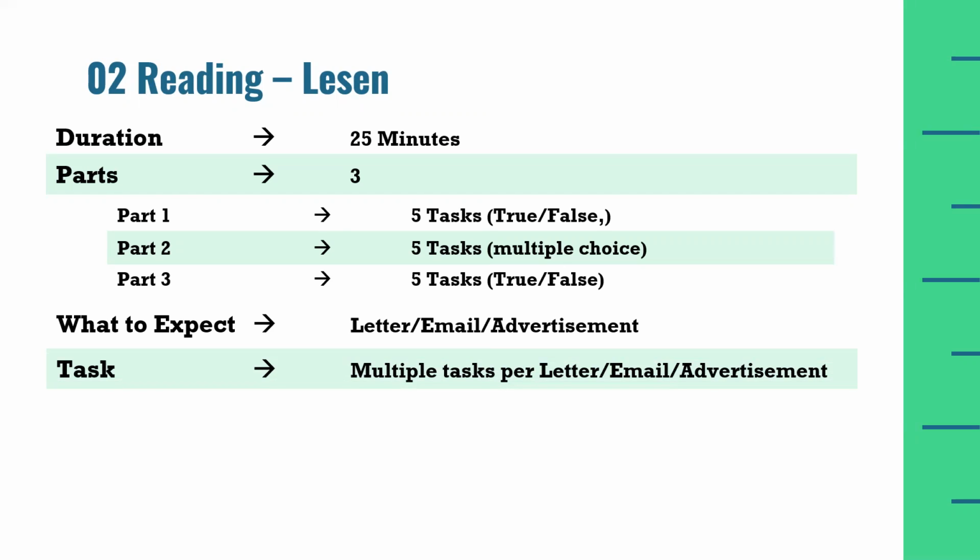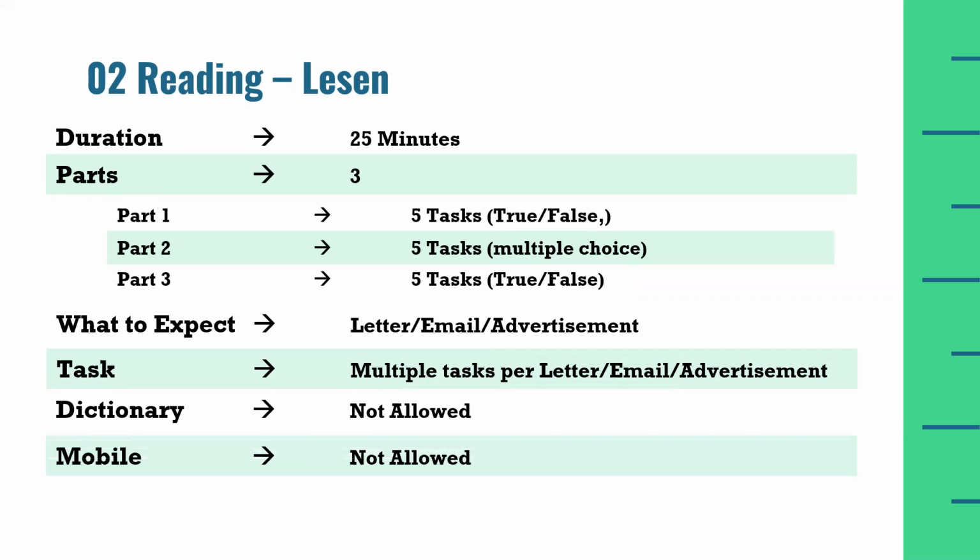In the second part of the exam, there will be 5 tasks or questions, and here the type of questions will be multiple choice. In the third part of the reading section, there will again be 5 tasks or 5 questions, and this time the type of questions will again be true or false.